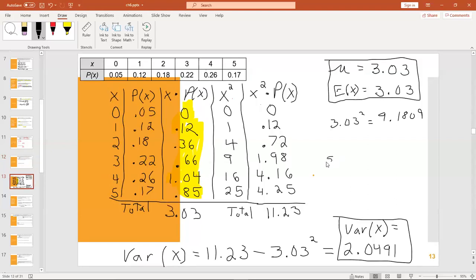If you want the standard deviation, you would just have to do one additional step, which would be sigma is the square root of 2.0491. And so if you wanted the standard deviation, that would be 1.4315.